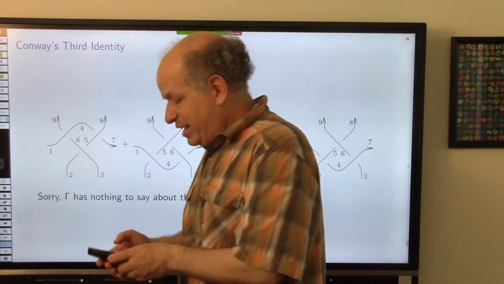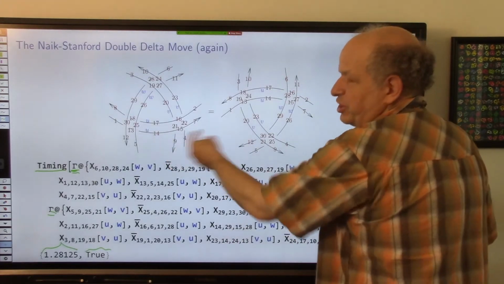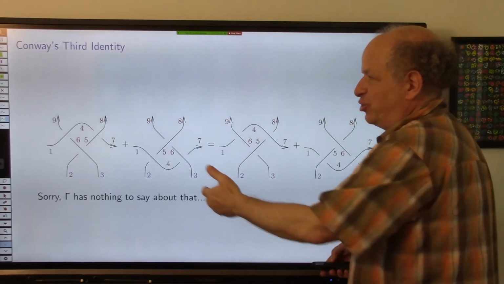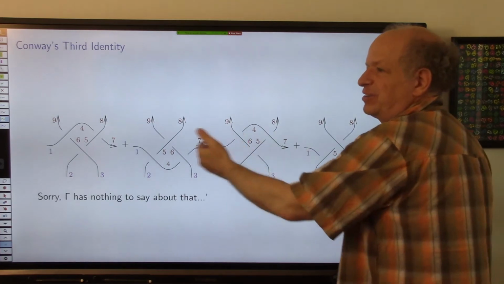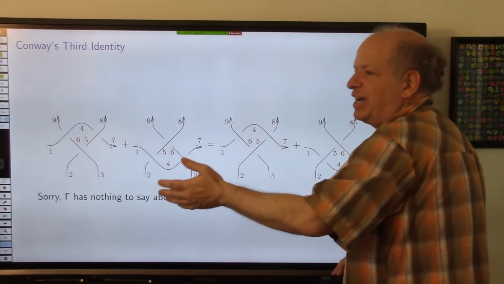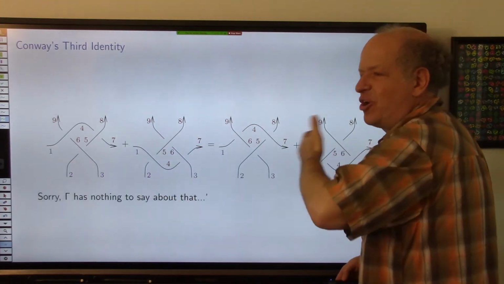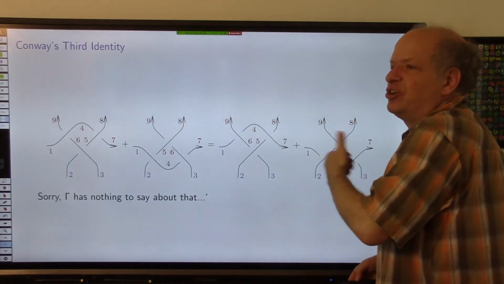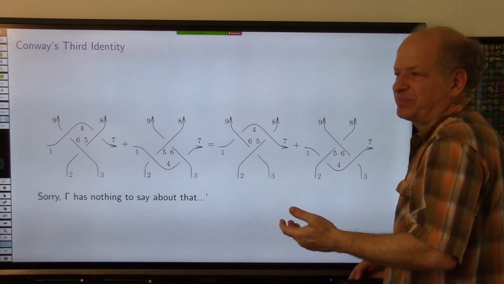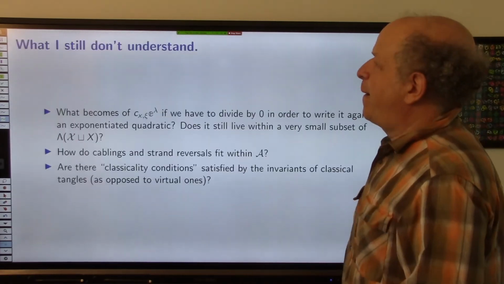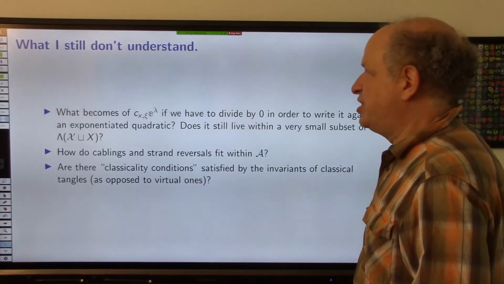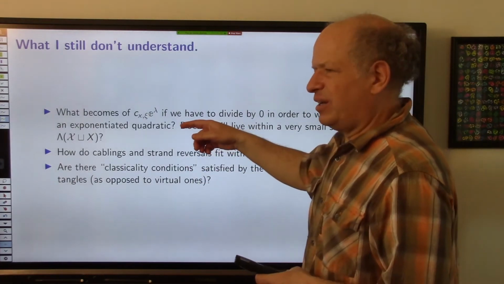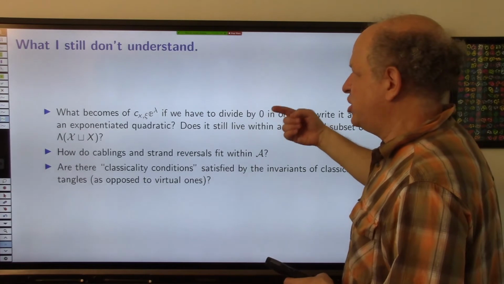I mean, to prove that two things are equal, you don't need linearity. To prove something about the sum of two things, you need linearity. I have no idea how to prove this. So proving this has not become any easier. There are other things I still don't understand. So the situation is a bit unsatisfactory.